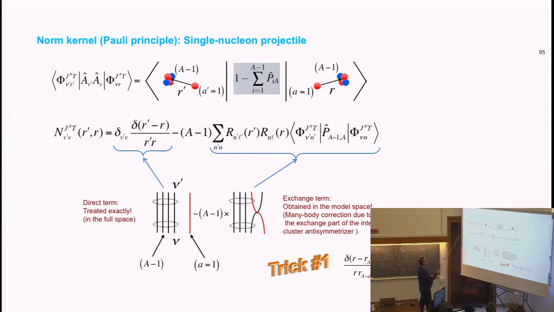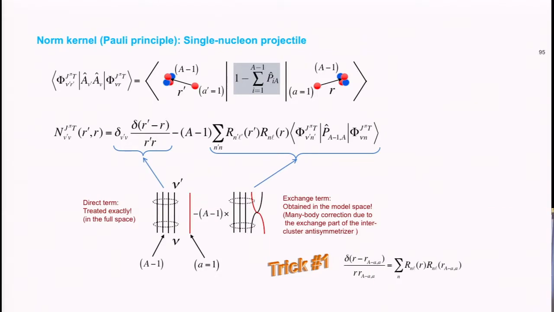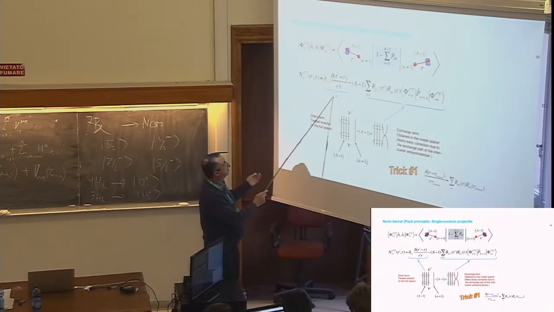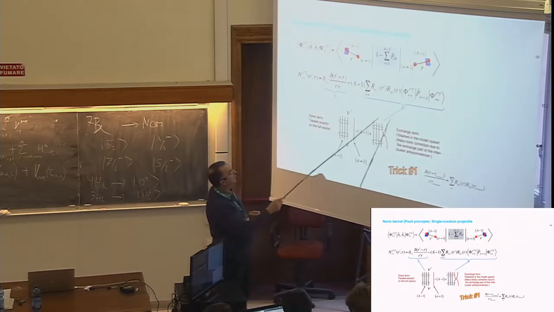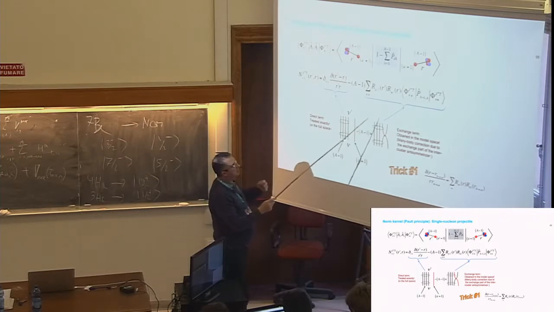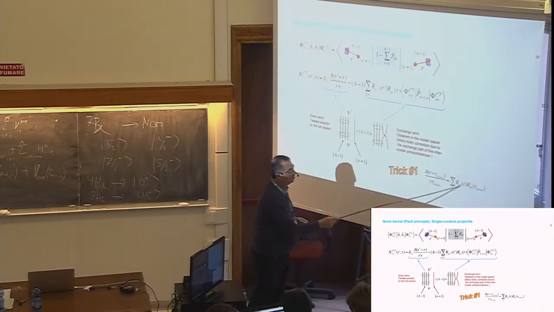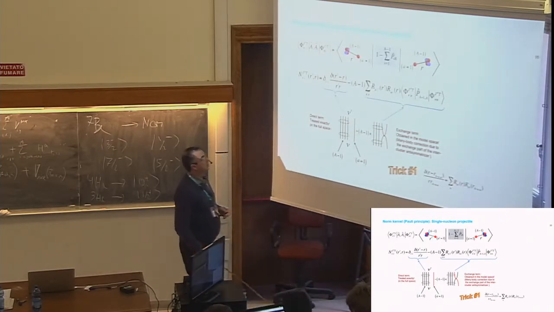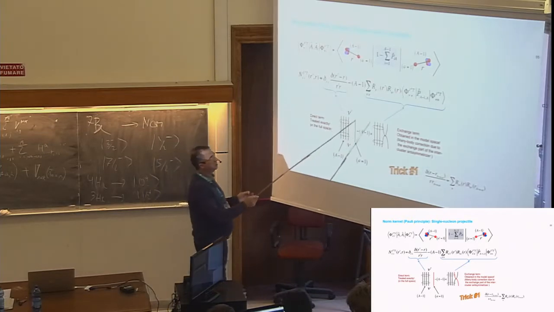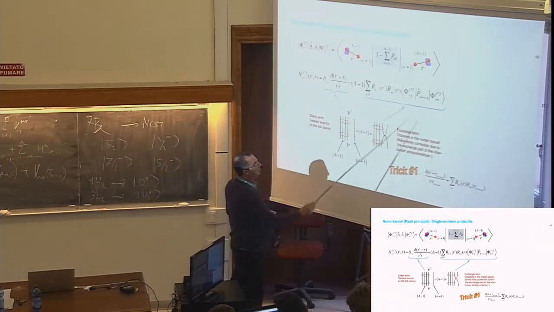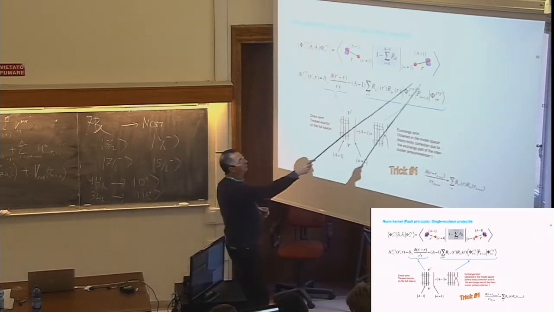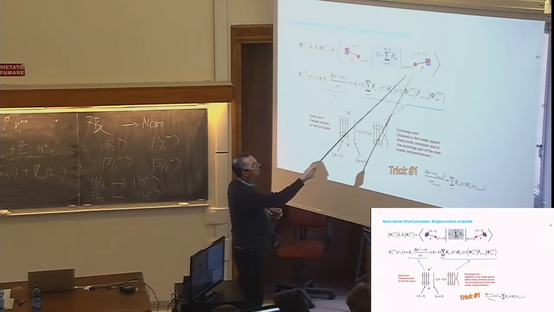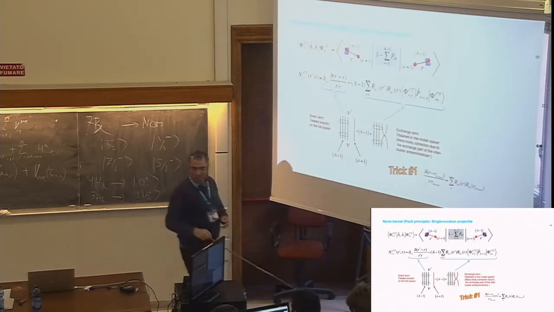So in the end of the day, to calculate this norm kernel, I have just the plain delta, and then I have this part which describes the exchange, and that exchange I am expanding in terms of harmonic oscillators. And as I say, this is legitimate because this matrix element is really localized, because the wave function of this target is localized, and I'm exchanging a nucleon with one of those inside.